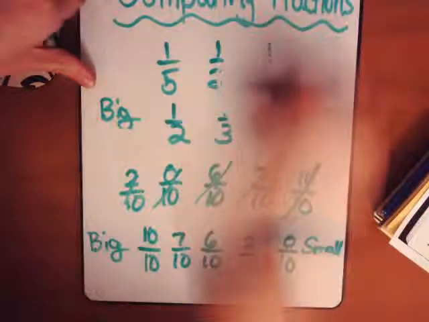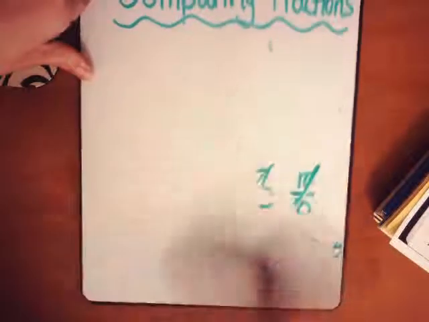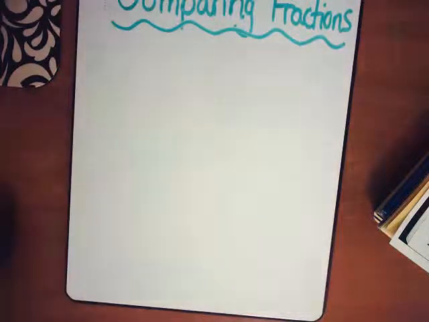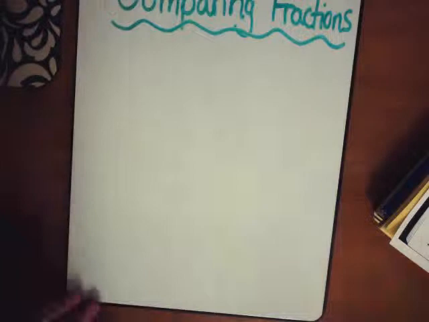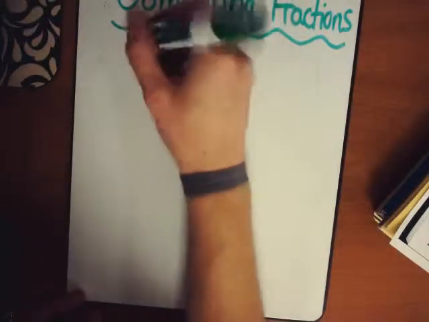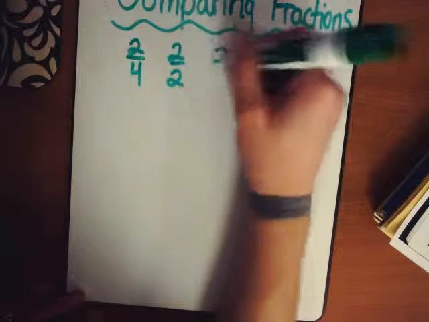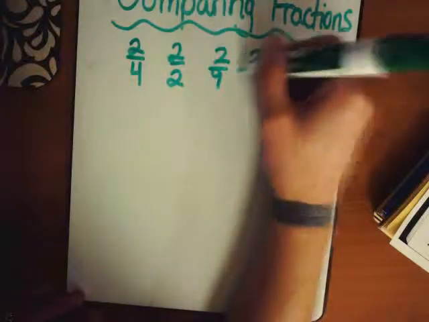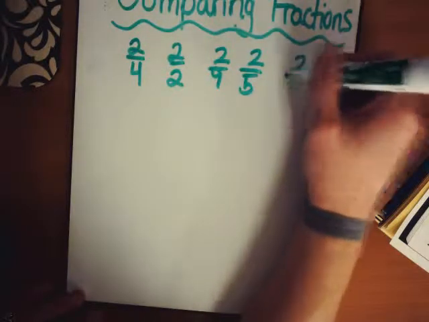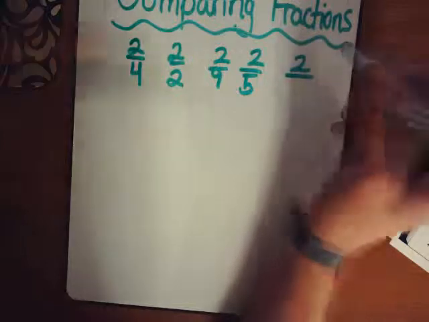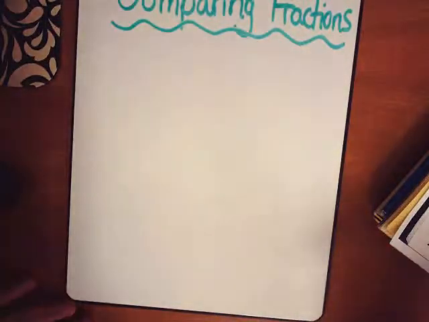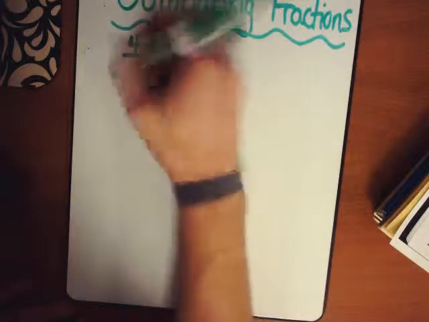Alrighty, looks like we're ready to go. Okay, so friends, go ahead and write these fractions. Oops, I'm sorry, I was writing down the wrong ones. Just draw a line and cross those out.